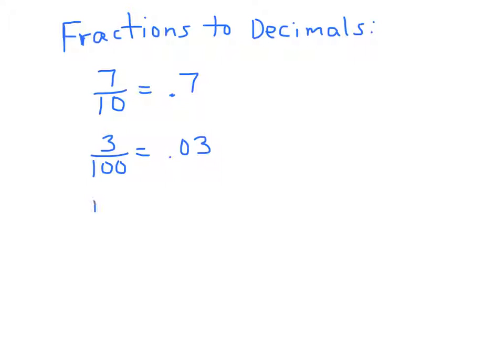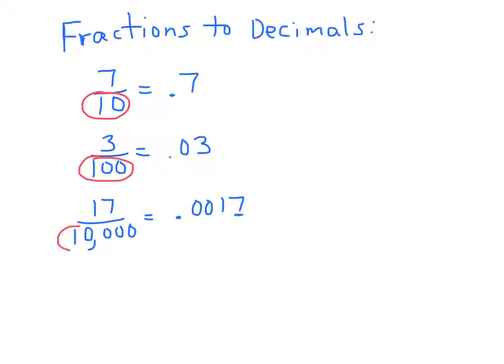If I had 17 10,000ths written as a decimal, it would be 0.0017 because I've come out to the 10,000ths place and I have the number 17. But notice in each one of these cases, the denominator is a power of 10, which does make it easy to change from a fraction to a decimal.